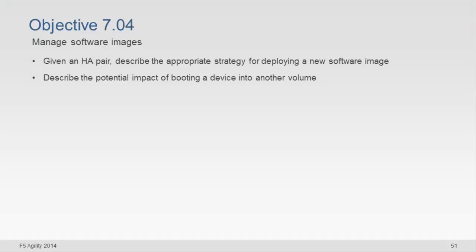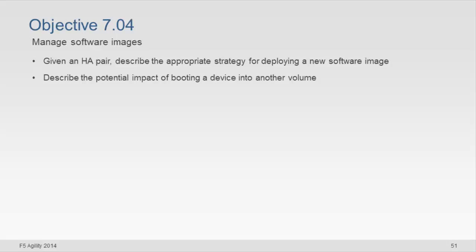All right, our next bullet point, we're going to describe the potential impact of booting a device into another volume. I kind of touched on it over there when we were talking on the whiteboard about booting into a volume that has no config. Or if I needed to boot back from a new volume that we've been running on for several days to an older volume that we haven't used in a week or two.